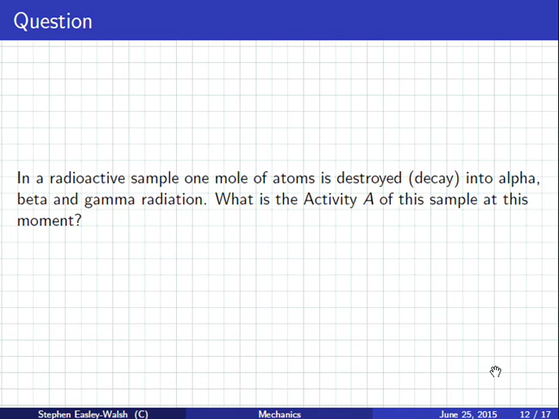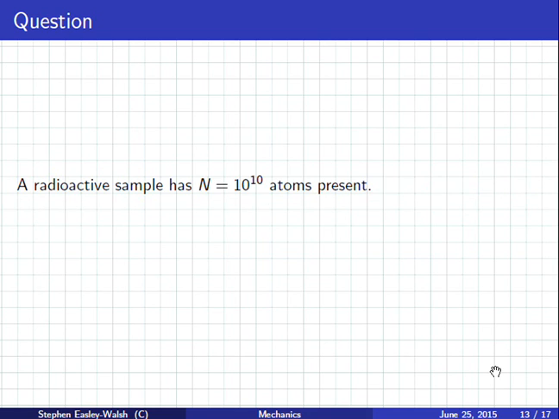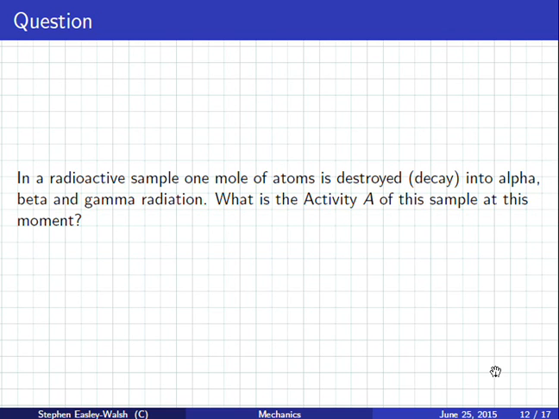So here's another little one for you to try. I have 1 mole of atoms, and this mole is destroyed. It turns into alpha, beta, and gamma radiation. What is the activity of this sample? I need to give you the decay constant as well, so I'll just tell you what it is. The decay constant, you can just use 0.1, that will do.